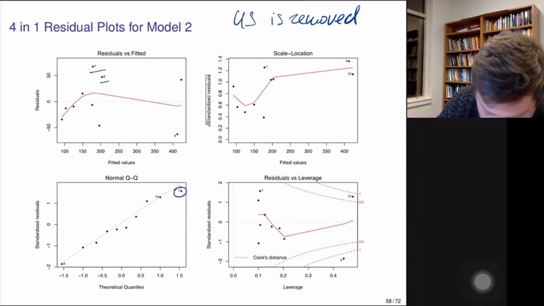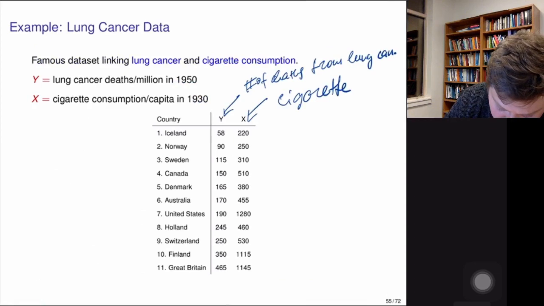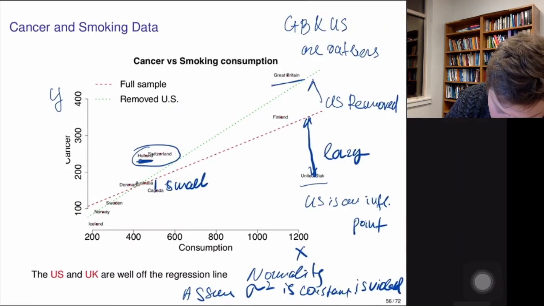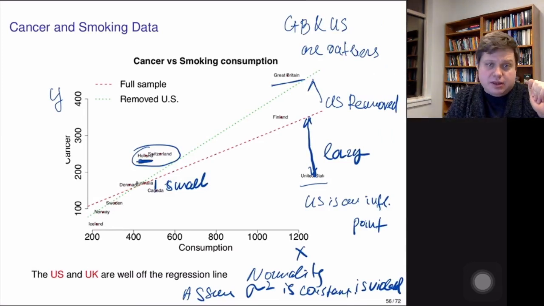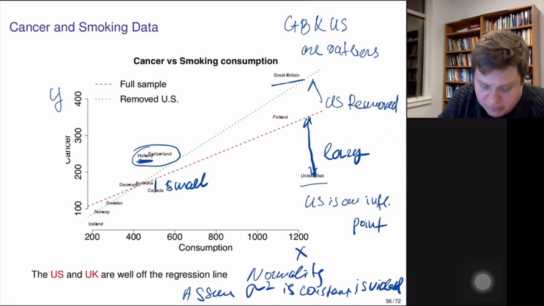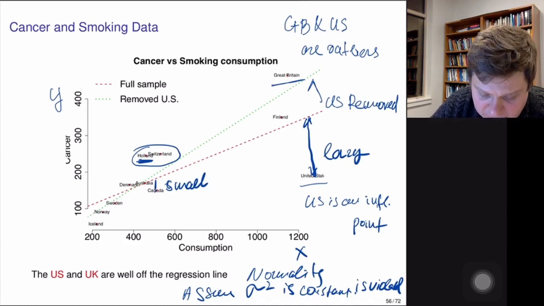And we actually have one influential point, point number 9. Once the US is removed, point number 9 is Finland. So we can see that Finland is far away. It's an extreme, meaning that it's likely to be an influential point, and it's far away enough from this green regression line, because you remember this new regression line is the green one.